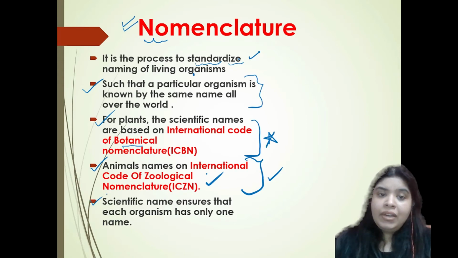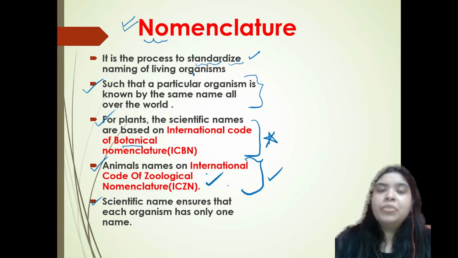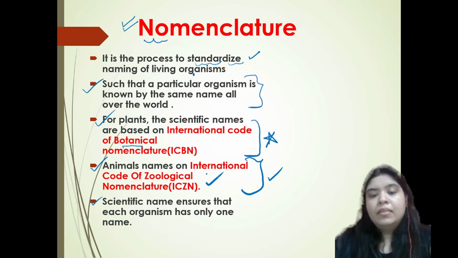Then, the scientific name ensures that each organism has only one name and the same name is taken across the globe, so that there is no confusion and we have a standard system which everybody can rely on and follow throughout the world.